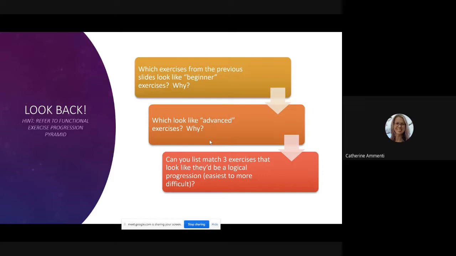Is exercise even appropriate now? Maybe you need to revert back to manual therapy techniques or a modality in order to get that pain back under control. So remember, your job is to identify what's going to be appropriate for this person today, and what will make their situation better. If they come back and they're in less pain, then you can probably start working on progressing those exercises.